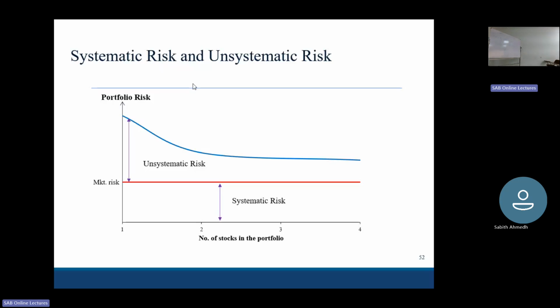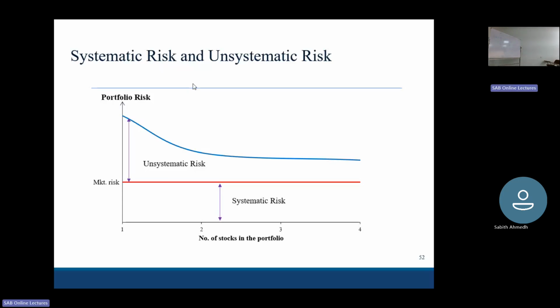So your total risk will decrease when the number of assets is increasing, if the portfolio is well diversified. There is again the correlation and covariance structure, the covariance matrix. When the number of assets increases in your portfolio, your total risk decreases up to this point.